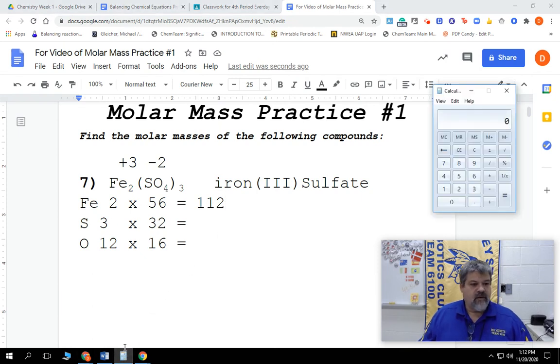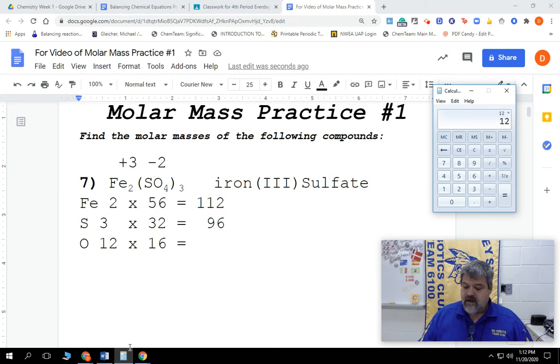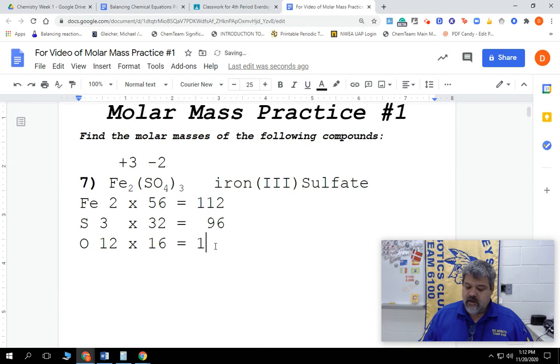If I take 3 times 32, that equals 96. And again, I think you could probably have done that without a calculator. Here's one that you might not have been able to do. So we're going to have 12 oxygens at 16 each. So we're going to put in 12 times 16, and that equals 192. So we're going to put 192.